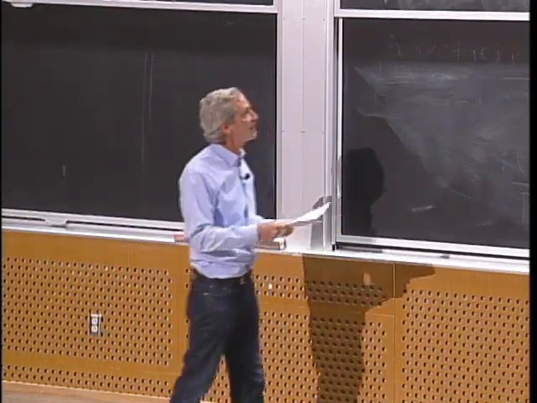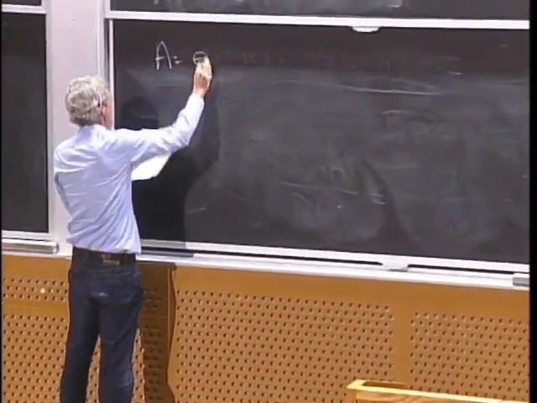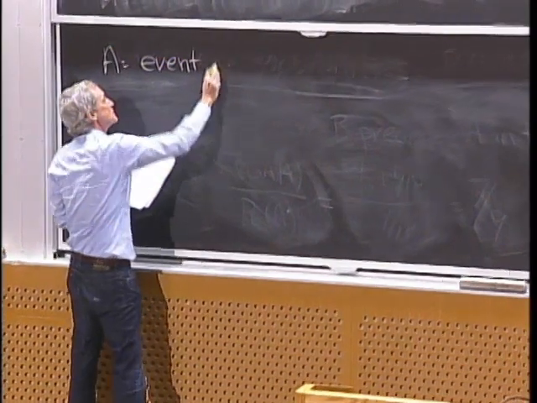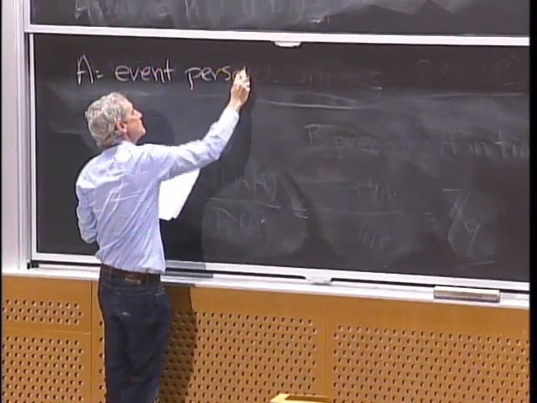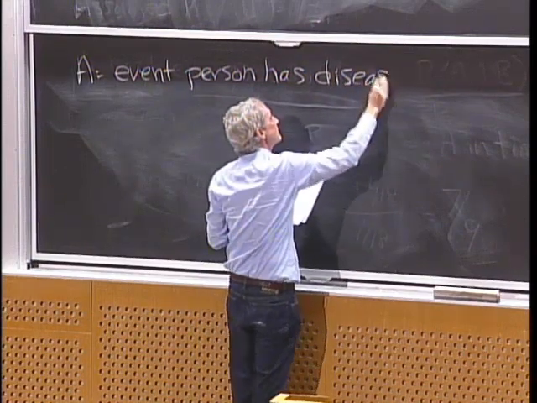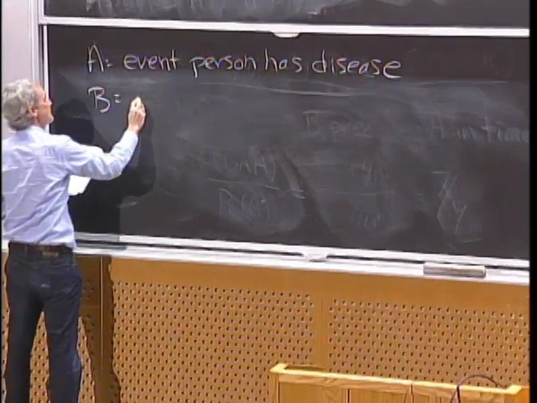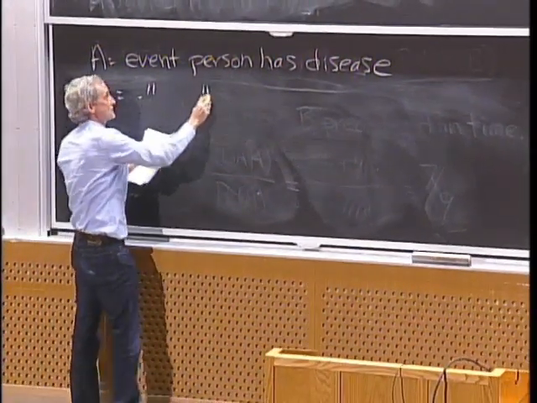But let's figure out the answer. It's easy to do. So A is the event a person has the disease. And B is the event that the person tests positive.